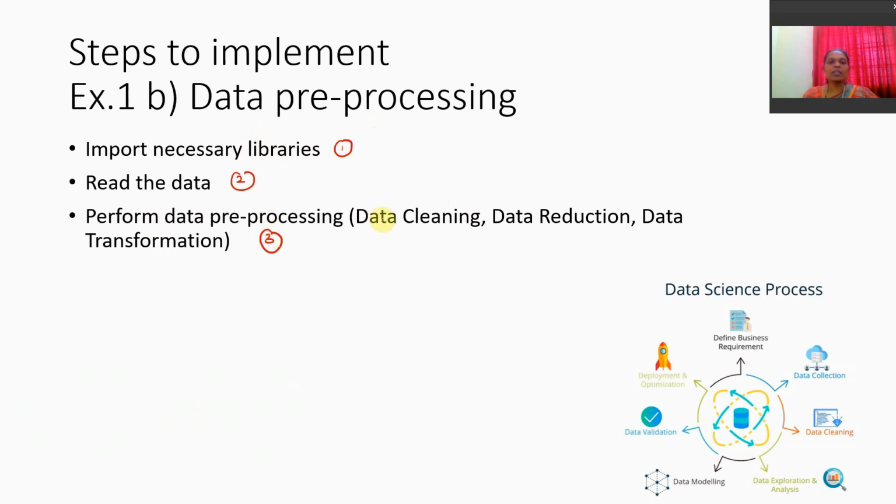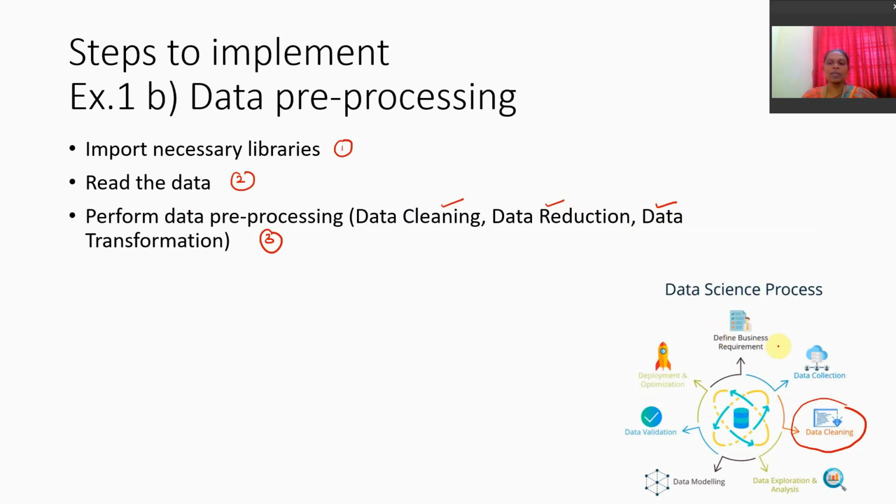In this experiment, we are going to do pre-processing techniques such as data cleaning, data reduction and data transformation. In any data science process, data pre-processing is a very important thing. After collecting the raw data, the data are not in a consistent manner.